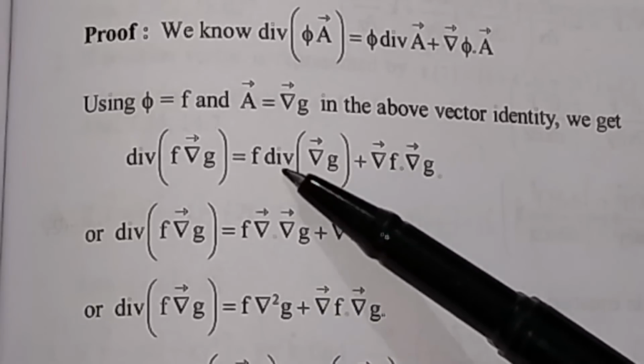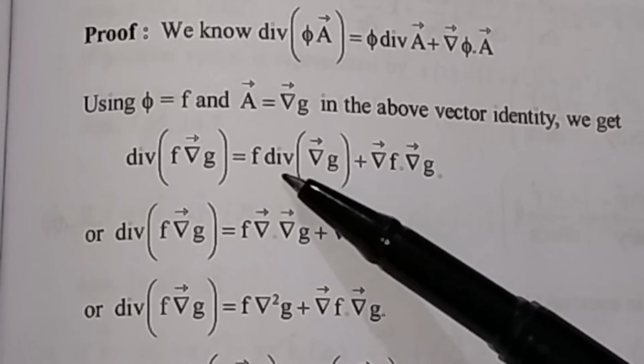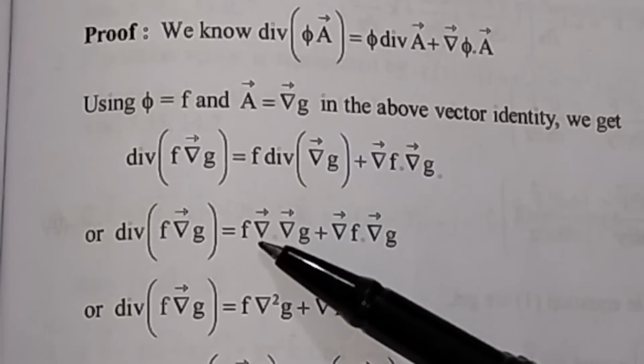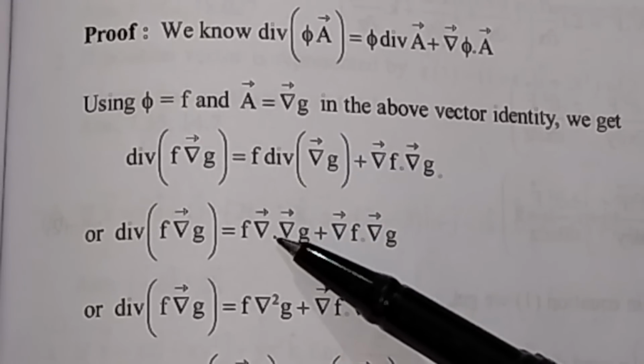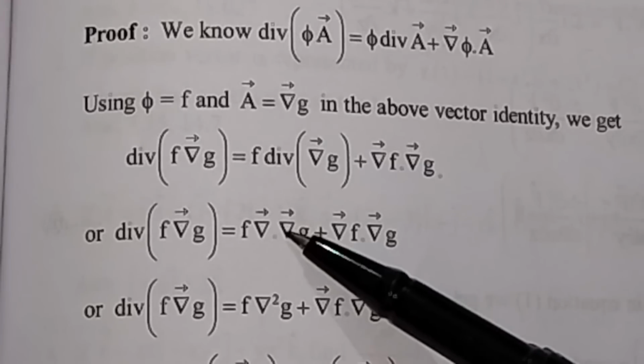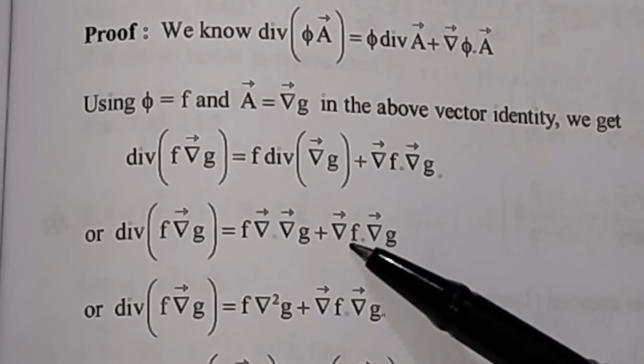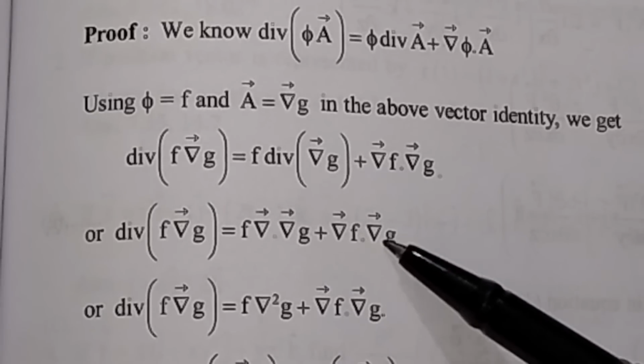So you can write this divergence in terms of del operator, that is f of del dot gradient of g plus gradient of f dot gradient of g.